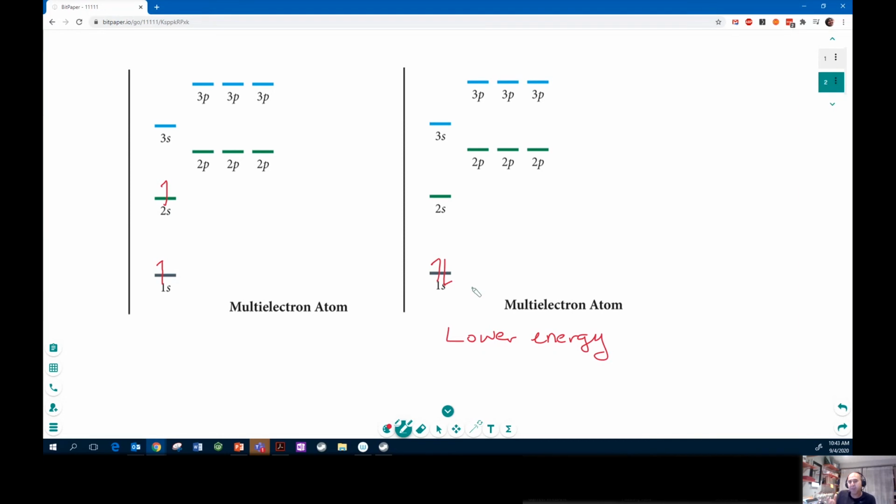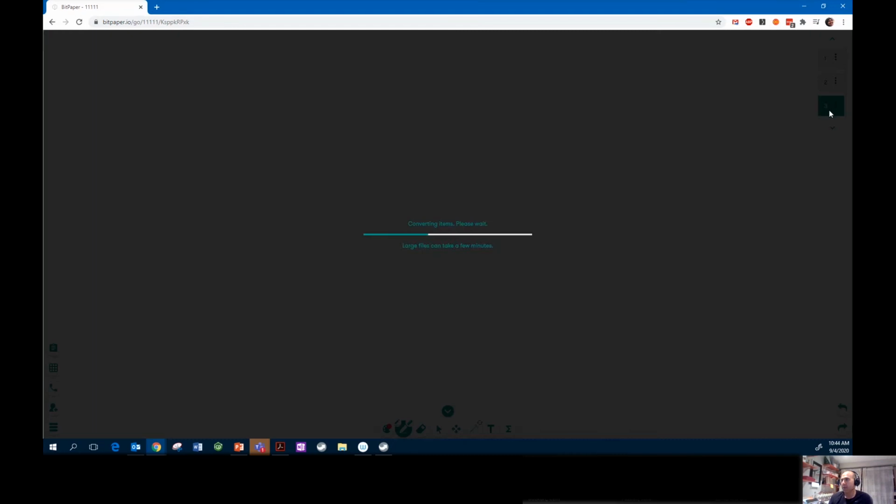And even though there's a bit of repulsion between those 2 electrons, it's not nearly as much as any instability that would come from having the 2 electrons like that. So this is the lower energy configuration, and this is why we always fill up these lower energy orbitals before moving on.